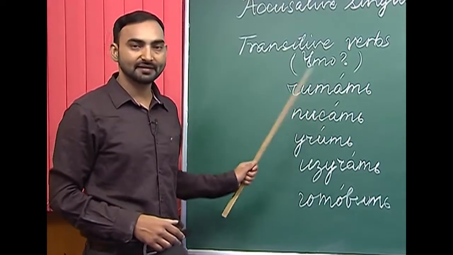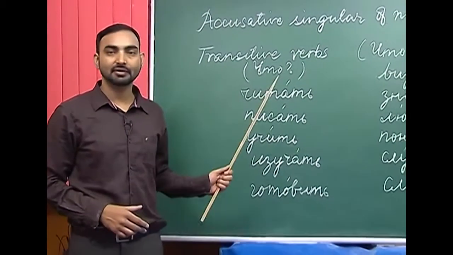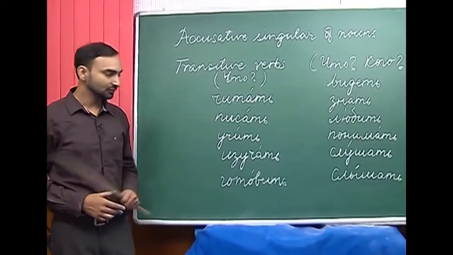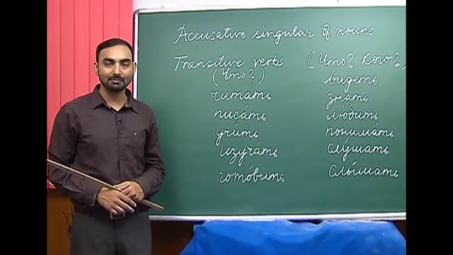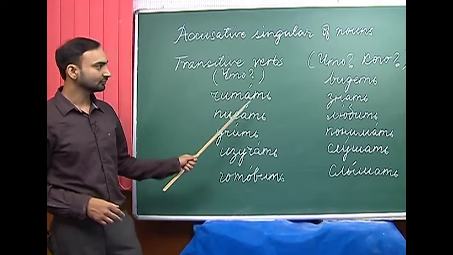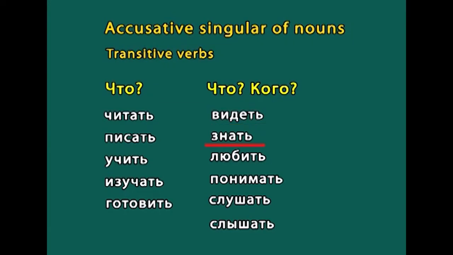The same way, писать что? Я пишу письмо, I am writing a letter. Учить: я учу слова, I am learning words, and so on. The same way, видеть, to see, знать, to know, любить, to like or to love, понимать, to understand, слушать, to listen, слышать, to hear.